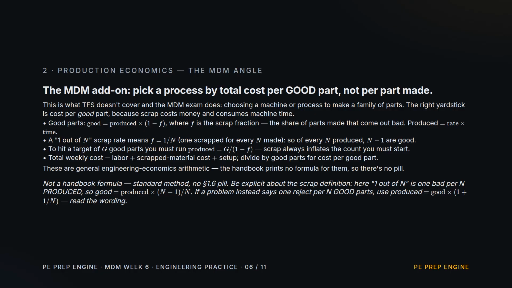A 1 out of n scrap rate means 1 bad for every n produced. And note, scrap always inflates the number you must start to hit a good part target. None of this arithmetic is in the Handbook, so it carries no citation. It's just standard method. Be explicit about the scrap definition, because the wording flips the formula.